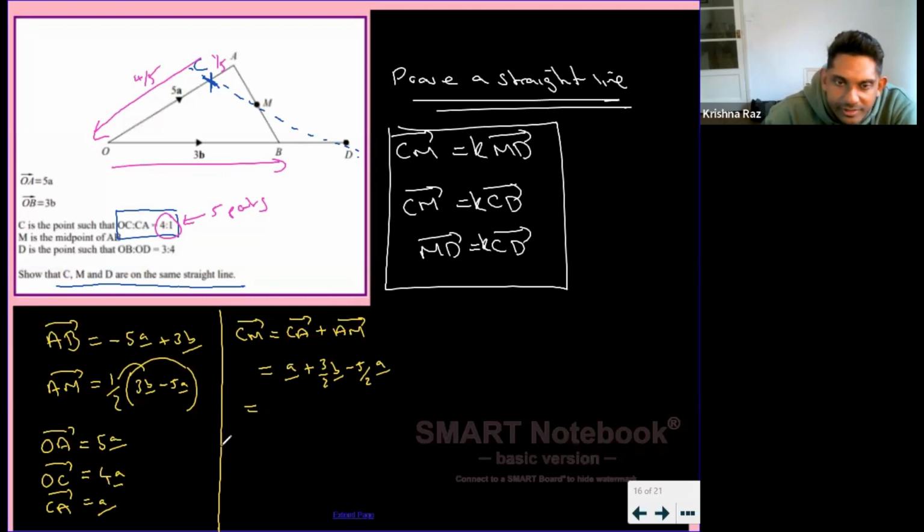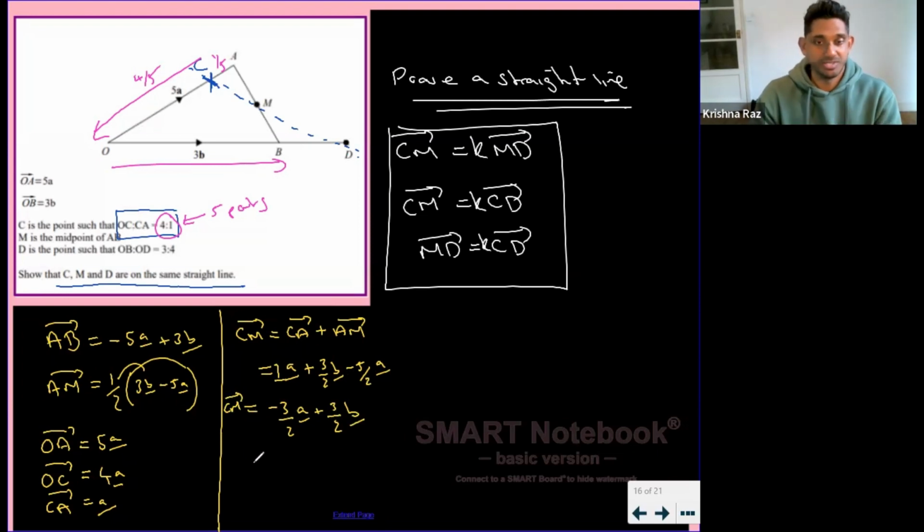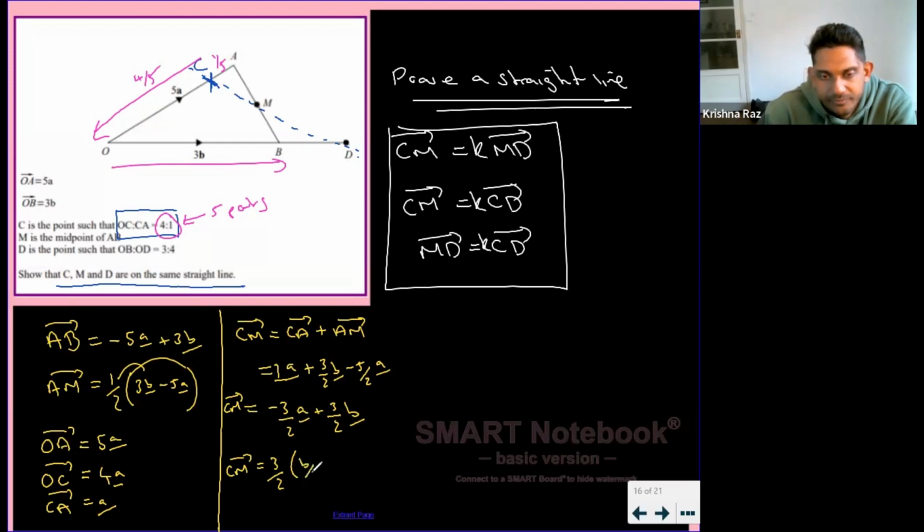And so we have 1A minus 2.5 is minus 1.5. So minus 1.5A plus 1.5B. So CM. Now I want to just neaten this up so it makes it easy to see what a factor is at the end. So we can see there's a common factor of 3/2. So CM is 3 over 2 (B minus A). And that is very important.